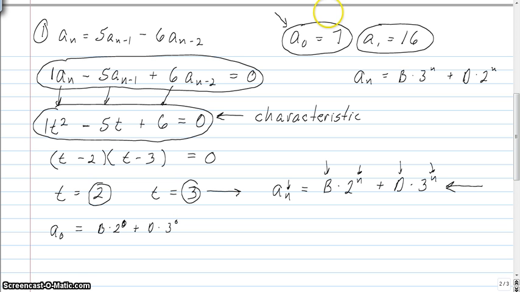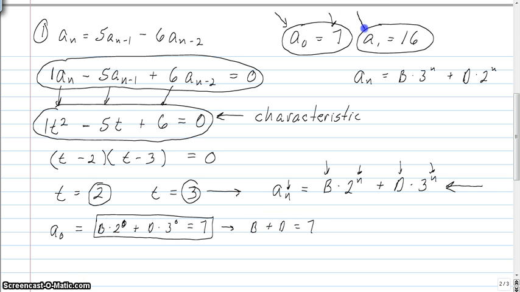And I get to set that equal to 7. So really what I'm going to focus in on is this part of that equation. Since 2 to the 0 is 1 and 3 to the 0 is 1, that's really that b plus d equals 7.